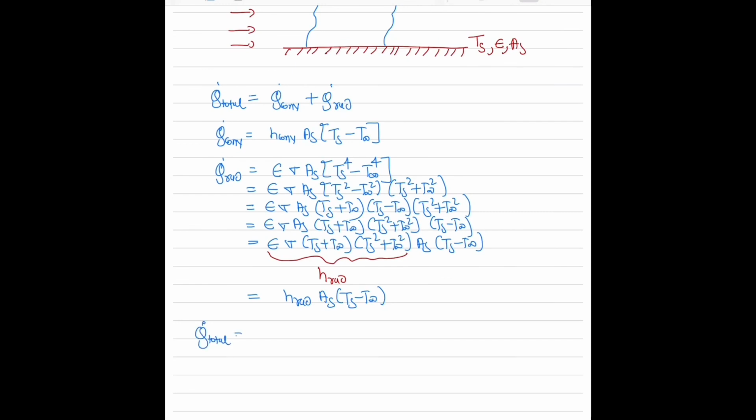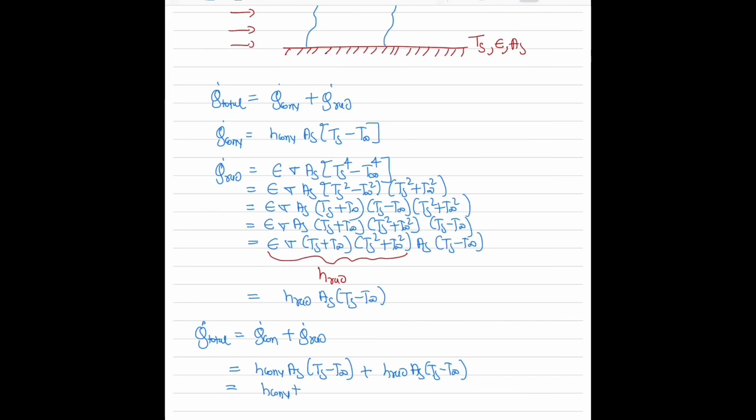Now we can write Q total equals Q convection plus Q radiation. This is equal to h convection times area surface times (T surface minus T infinity) plus h radiation times area surface times (Ts minus T infinity).